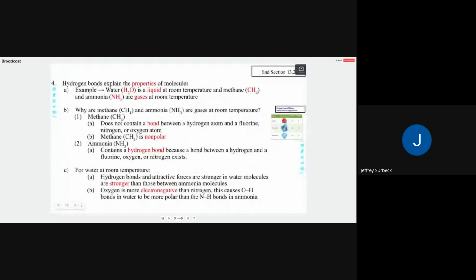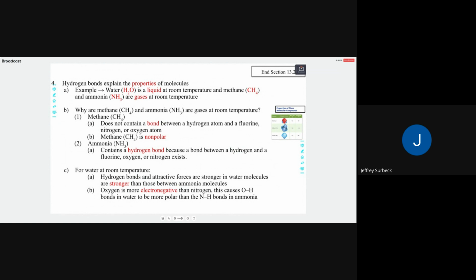So our last slide here for section 13.2 is this. Hydrogen bonds and really intermolecular forces are a main driving force to explain why there's differences in our particular states of matter.